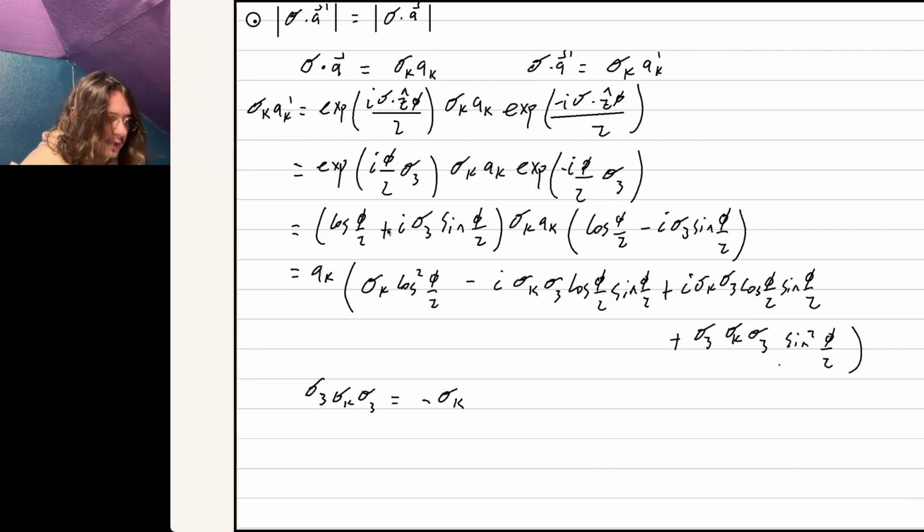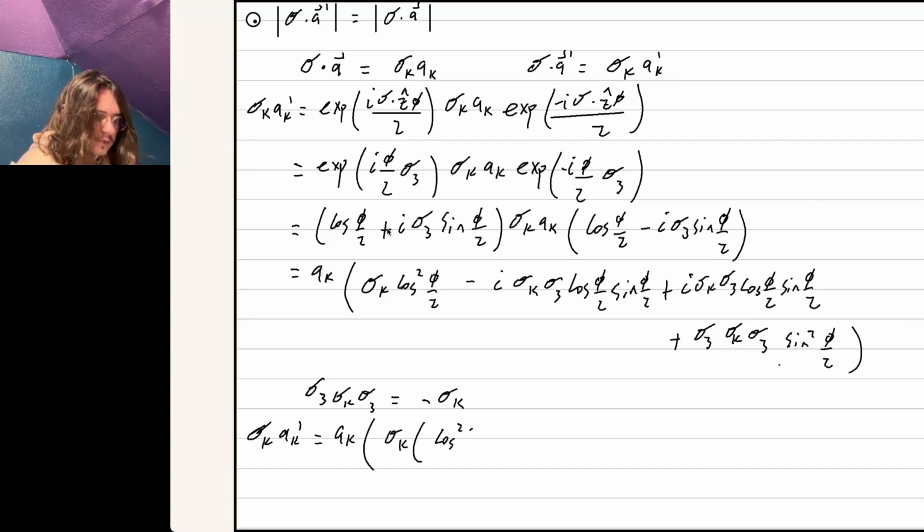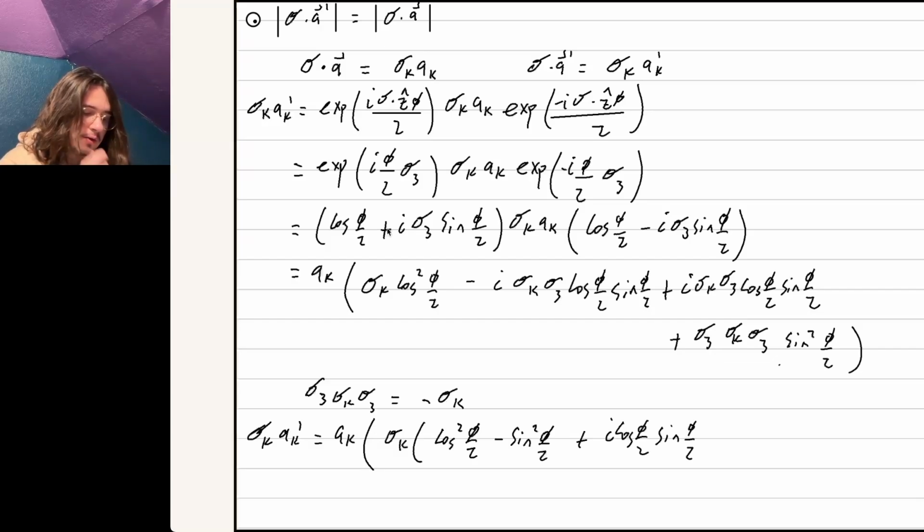So now you're looking at sigma k ak prime is ak sigma k, you have cosine squared phi over 2 minus sine squared phi over 2, plus i cosine phi over 2 sine phi over 2 times the commutator of sigma k with sigma 3.